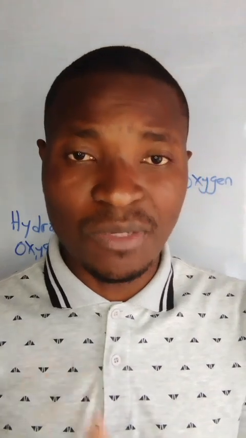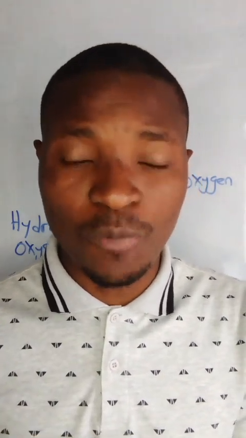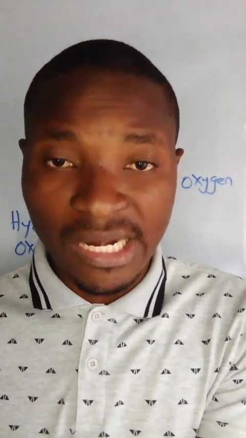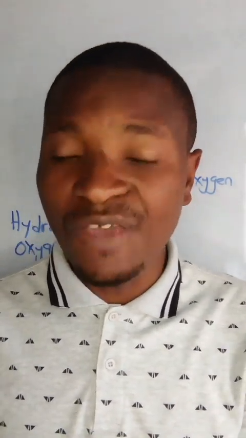So we must be able to specify so that, if you are doing a practical thing, we can understand to say, I need to get hydrogen as a gas, I need to get oxygen as a gas, and then the water that is going to be produced is going to be in liquid form.